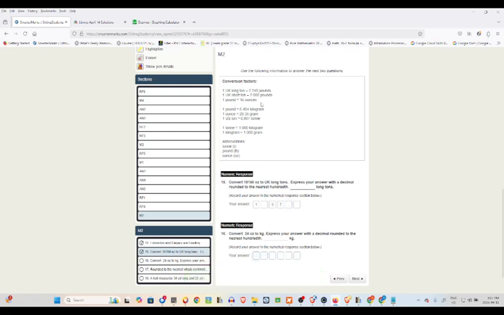Now, ounces to kilograms. 1 ounce is 28.35 grams. So 28.35 grams times 24 tells us 24 ounces is 680.4 grams. Divide by 1,000 to turn it into kilograms, and it is 0.68.